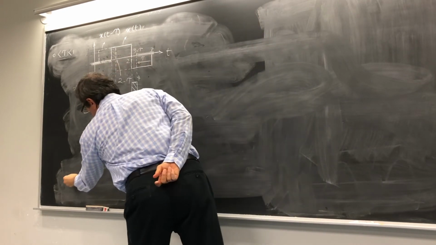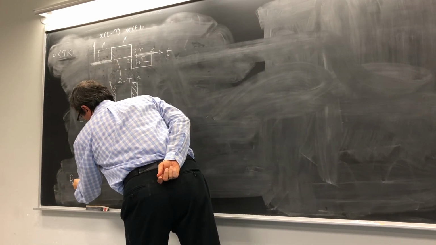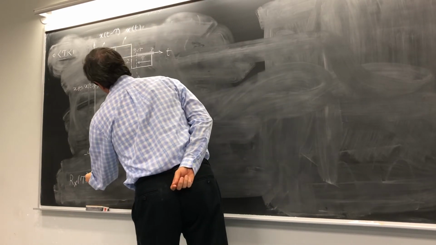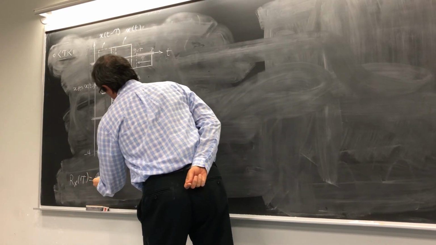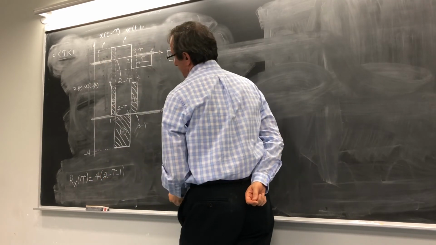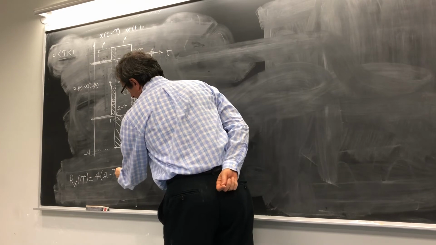So the other correlation would be 4 times 2 minus tau minus 1. That's the first one.